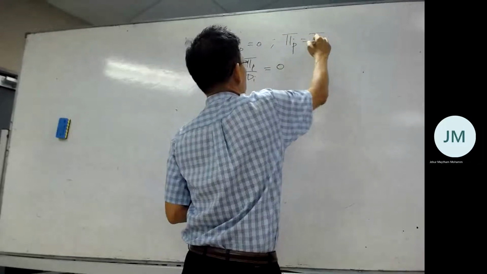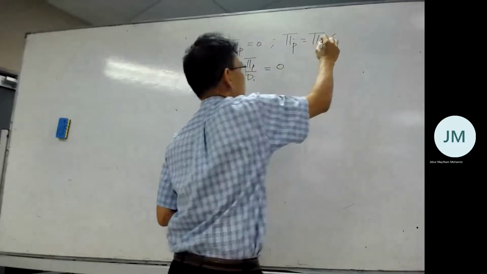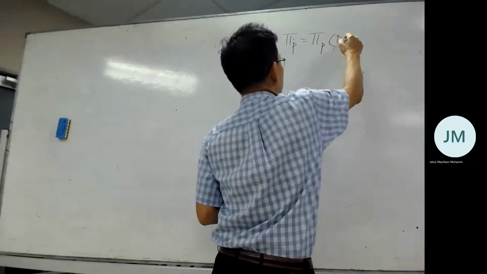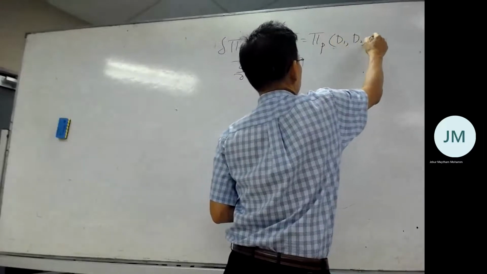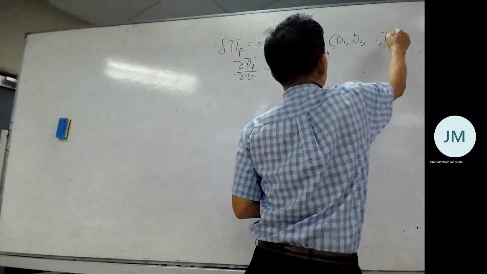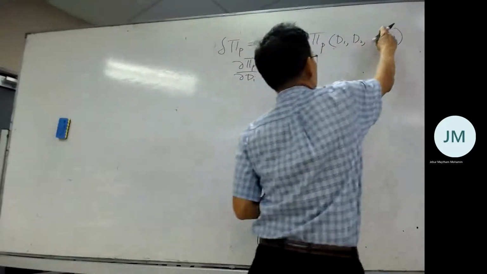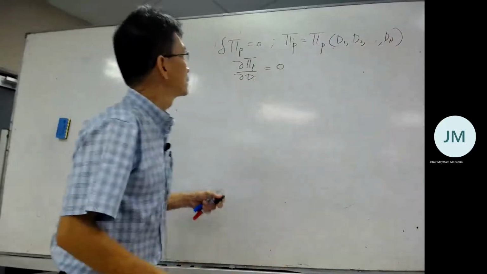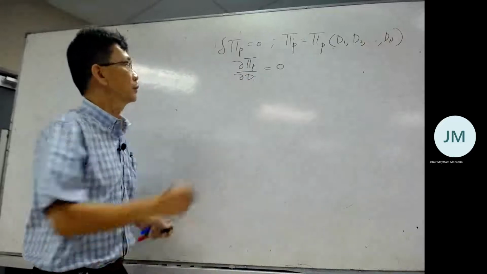And the total potential energy is a function of all the degrees of freedom. So these d are the degrees of freedom. This is the thing that we need to solve.